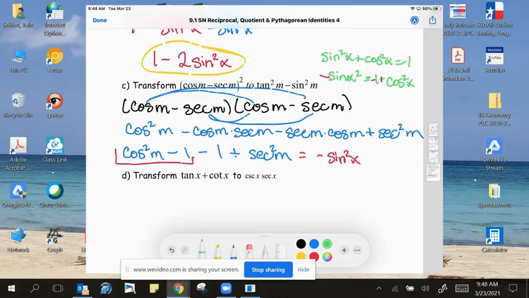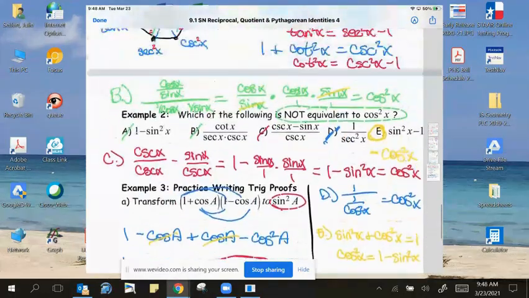Then, on the other trig identity, we have a secant squared m with a minus 1. I really like that to write right there. So, if we look at that hexagon for the secant squared m, I'm going to scroll back up to it.